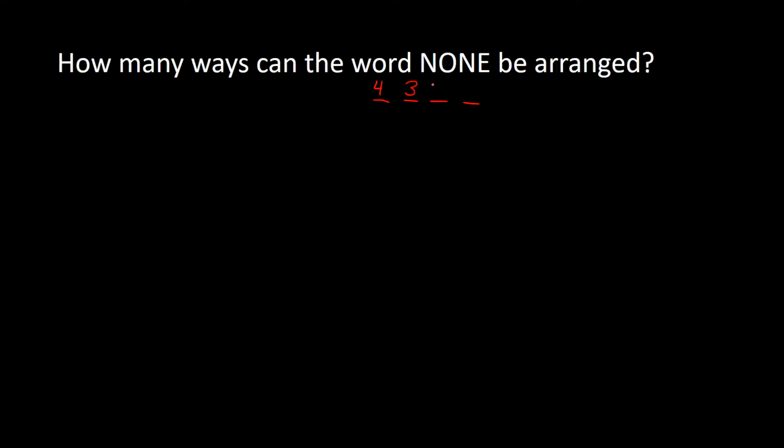Once I use 2 letters up, I have 2 letters remaining, and then 1 letter at the end. So what I have is 4 factorial ways to arrange them. But then I need to divide out the repeats. We have 2 n's being repeated, so I divide by 2 factorial. So my solution is 4 factorial divided by 2 factorial. So I have 24 over 2, which gives me 12.